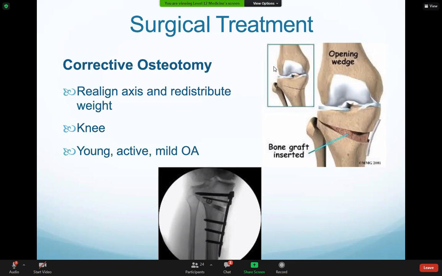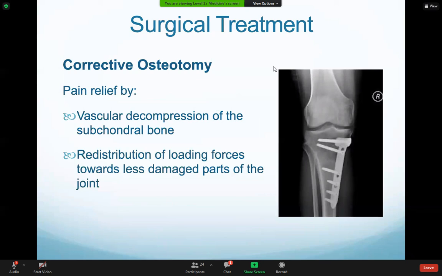If they have severe or moderate, then this probably won't work. The pain relief that happens after a corrective osteotomy can be from vascular decompression of the subchondral bone, and, as we said, redistribution of loading forces towards less damaged parts of the joint.